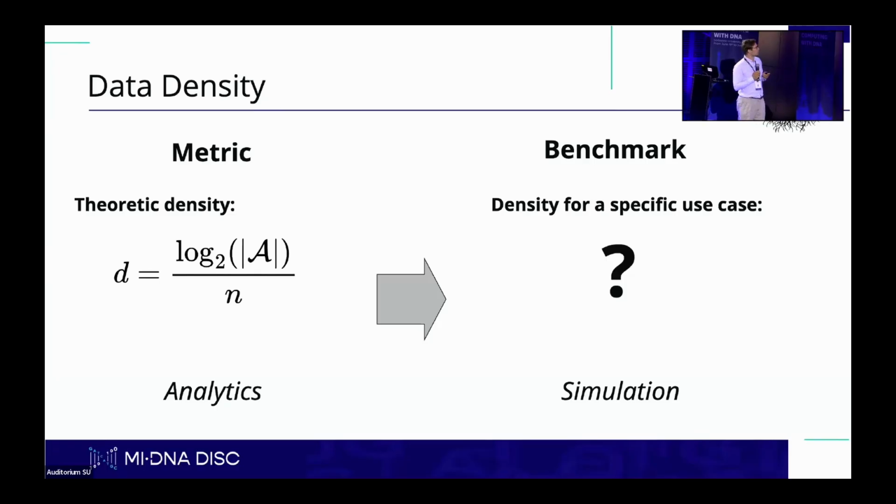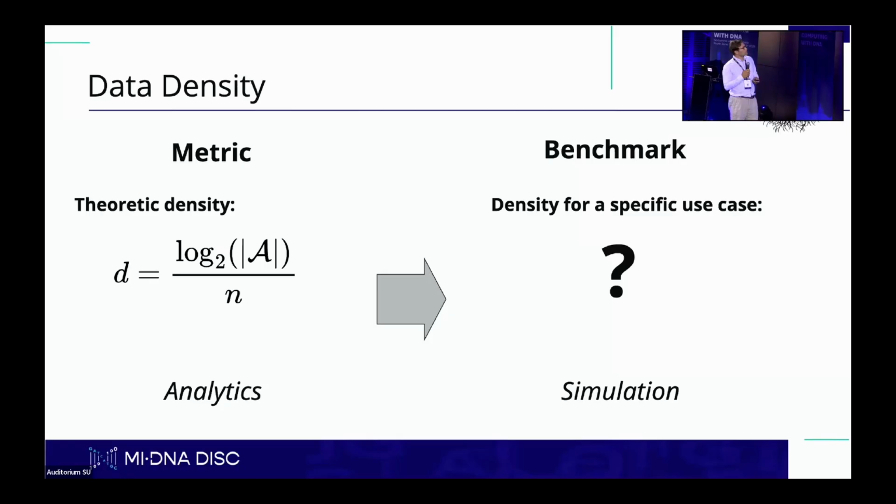And these errors, of course, then lead to the necessity to include error correction and also determine the amount of error correction that is necessary to be able to retrieve your data. So the density metric is a very limited view of your encoding scheme because it doesn't account for the real characteristics of your encoding strategy, in the sense of how it creates errors in synthesis, storage, and sequencing.